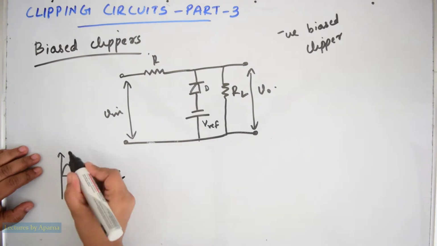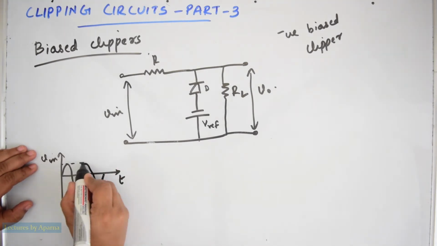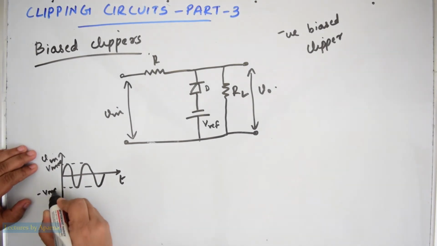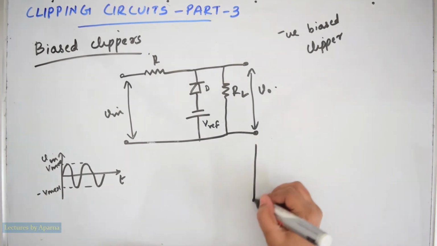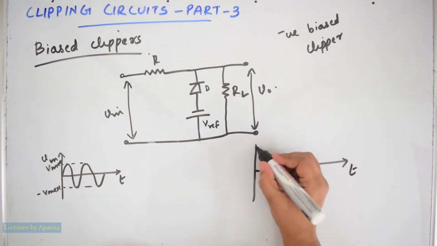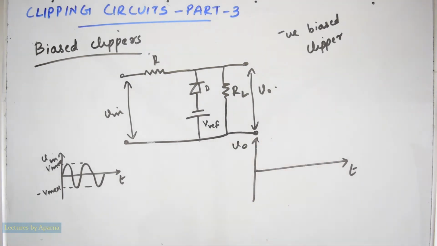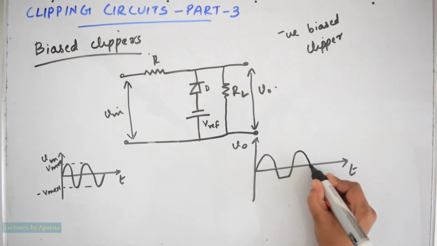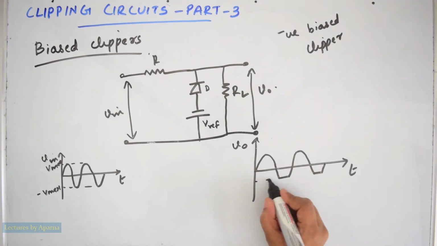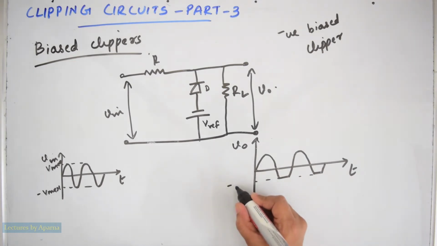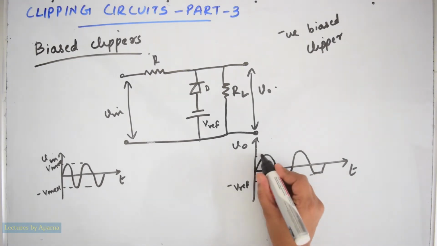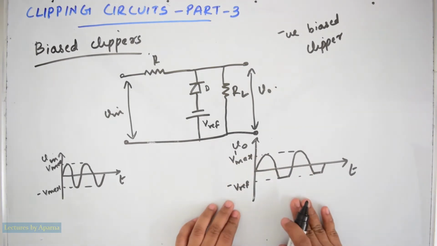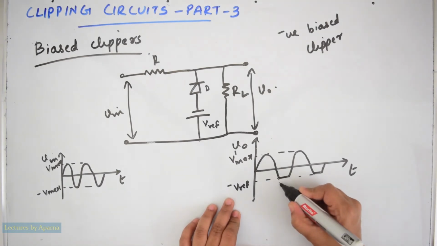This is time, this is V in, this is V max, this is minus V max, and the output waveform will be this. This is how the output waveform will look like.